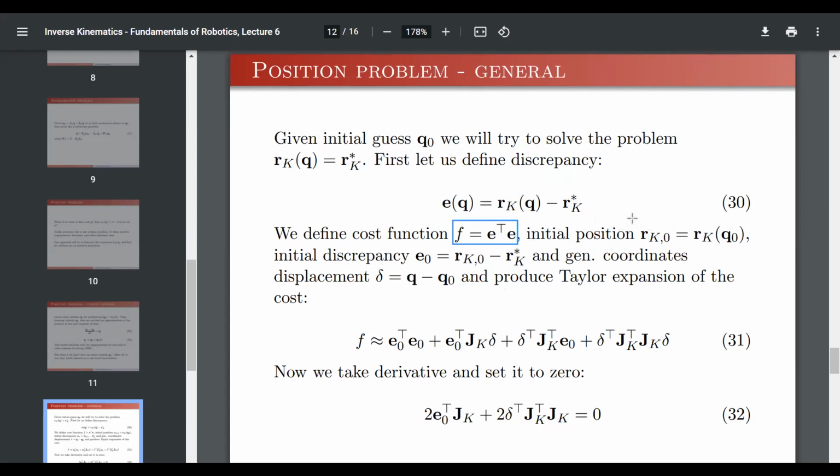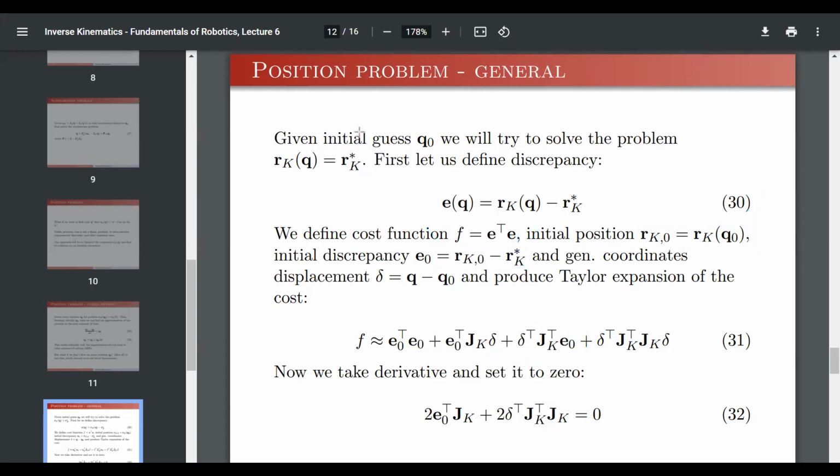So we can also define the initial position, K0, as RK at the point Q0. We can define the initial discrepancy as E0, which is the difference between the desired position and the initial position.